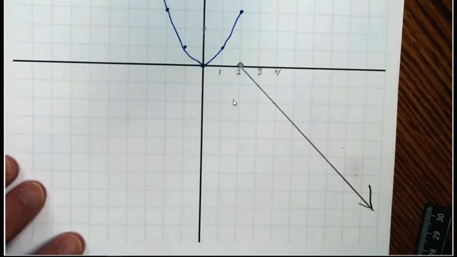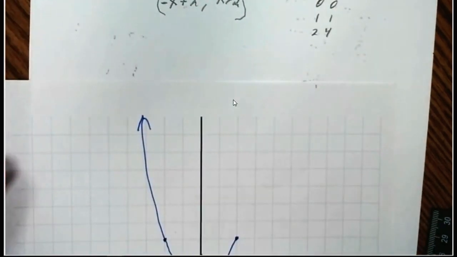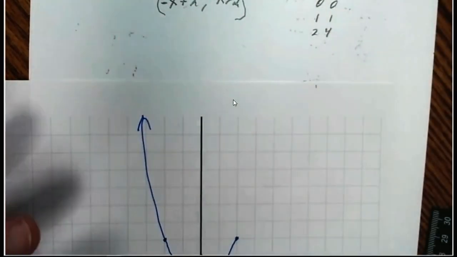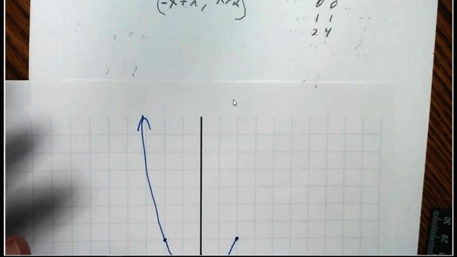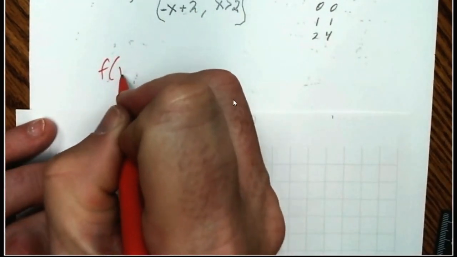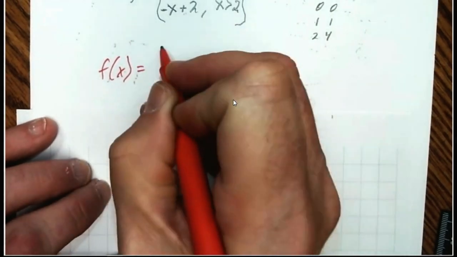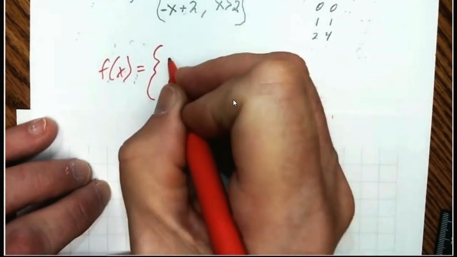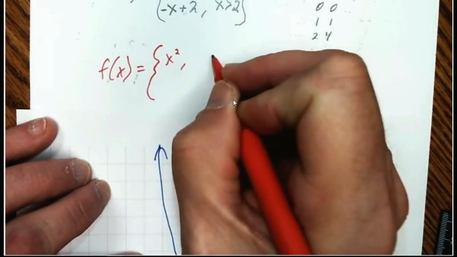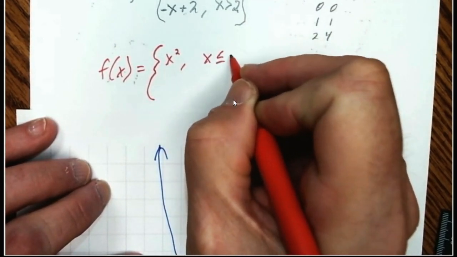Now, I could, if I wanted to, change this. Instead of doing that, I'm going to say f of x equals, this one I'm going to leave, x squared, anytime x is less than or equal to 2.